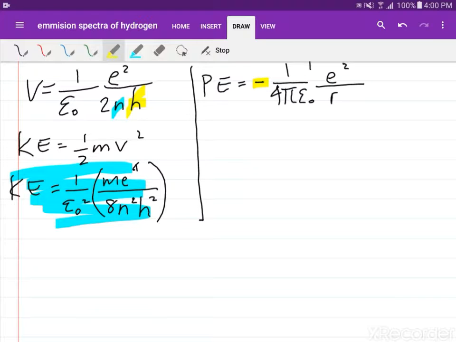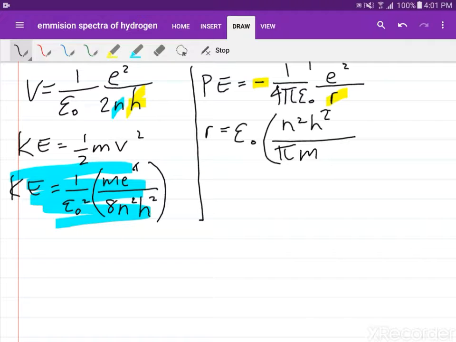Okay, so our r here, we have also already solved this. This is, in terms of h, not in h bar, r equals epsilon naught n squared h squared over pi m e squared.